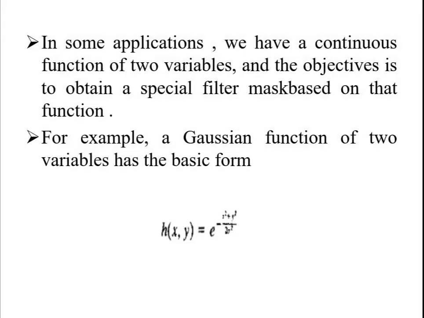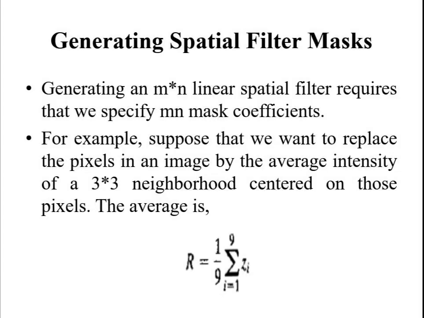For example, recalling that the maximum operation is non-linear, a 5 by 5 max filter centered at an arbitrary point x, y of an image obtains the maximum intensity value of the 25 pixels and assigns that value to location x, y in the processed image. Non-linear filters are quite powerful and in some applications can perform functions that are beyond the capability of linear filters.